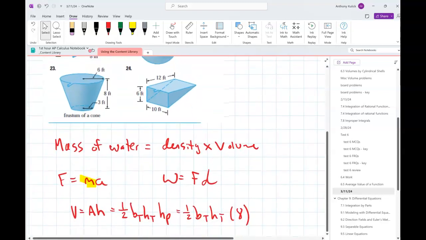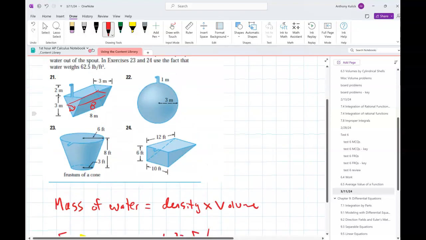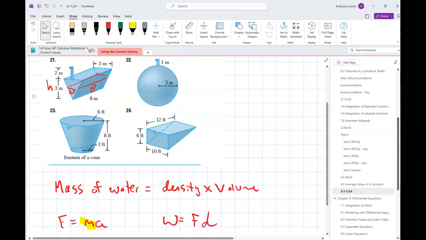But I want to somehow relate the base of this triangle, or the width of the rectangle here, to the height of the triangle, since the height is the thing that's going to be what we need for the work, right? So I want to rewrite this so that that width is in terms of heights.